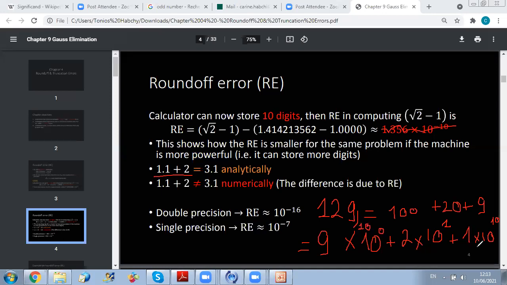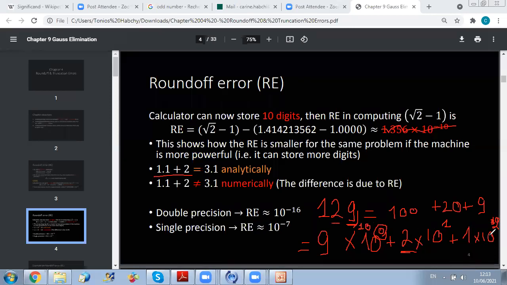So when I want to read this number, the coefficient of 10 to the power 0 will be the first number from the right side. The coefficient of 10 to the power 1 will be the second number, so it's 9, 2.